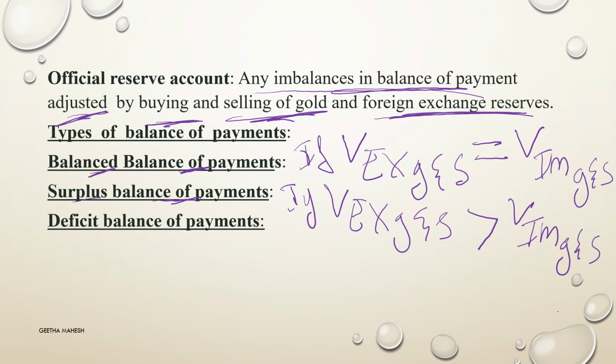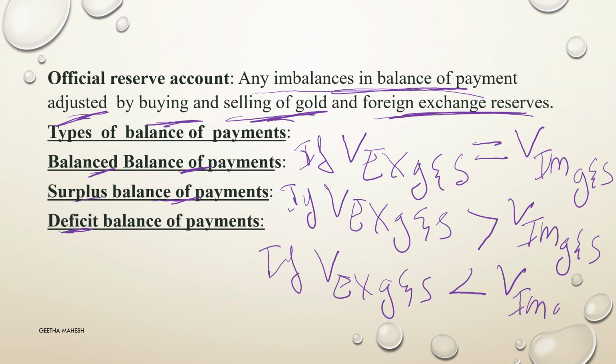When the balance of payment is deficit, deficit balance of payment, if a country's value of export of goods and services is less than the value of import of goods and services, then it is known as deficit in the balance of payments.